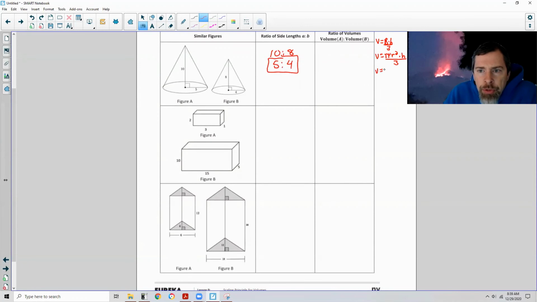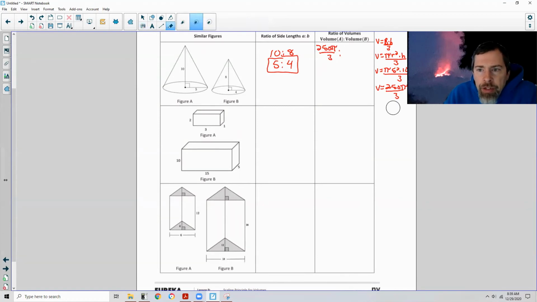So the volume is going to equal pi, the radius is 5, so 5 squared, times the height, which is 10, all over 3. So we get the volume to be 25 times 10, which is 250 pi over 3. So I'll write this here, 250 pi over 3.